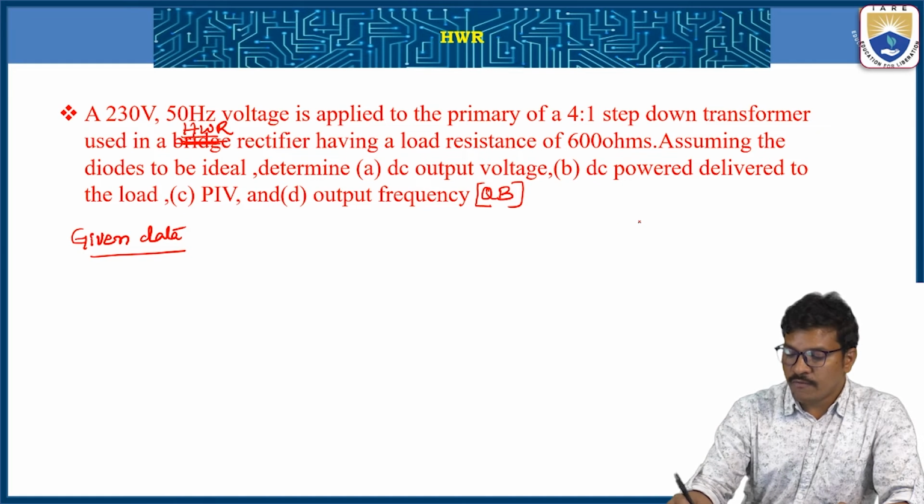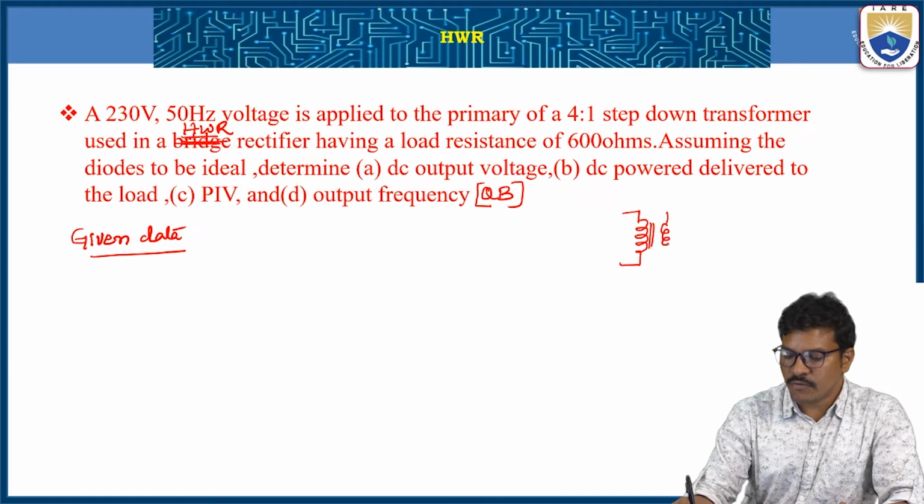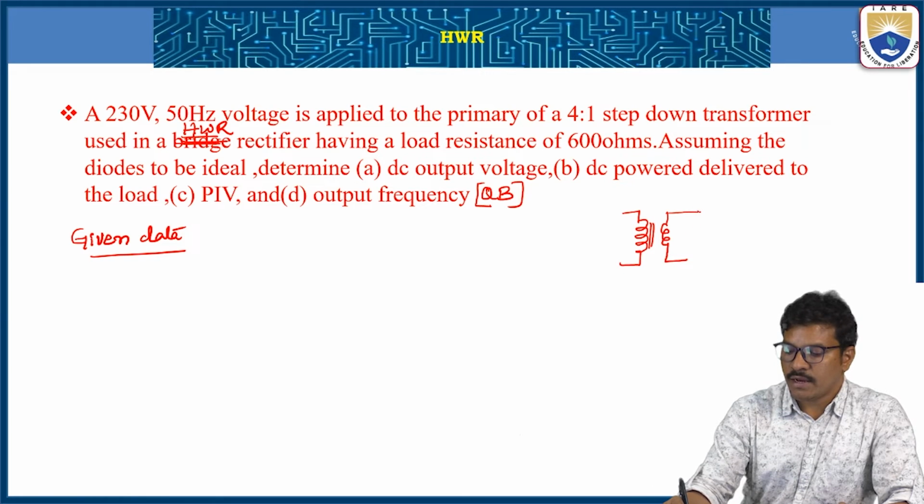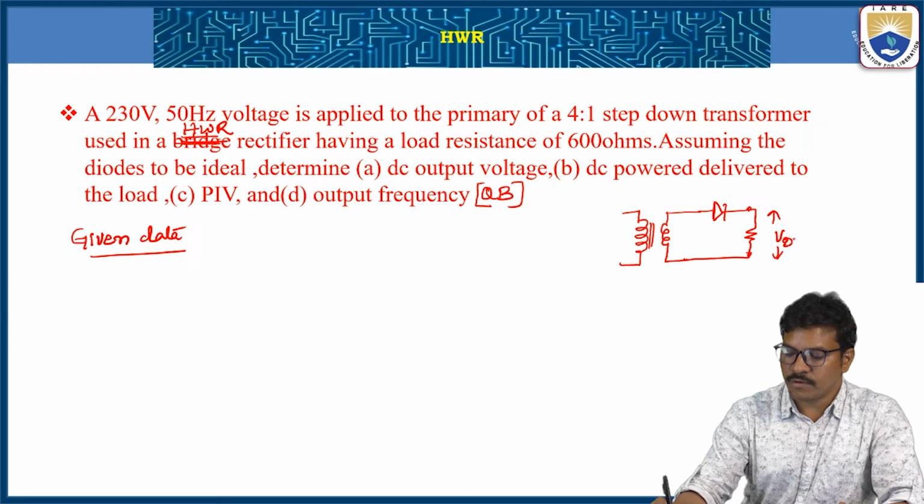And also the diagram: we know that there is the primary coil. If it is step down, the secondary winding is very small. Then the diode and load resistor. The voltage is measured across this load resistor, the output voltage or DC voltage. So this is RL.